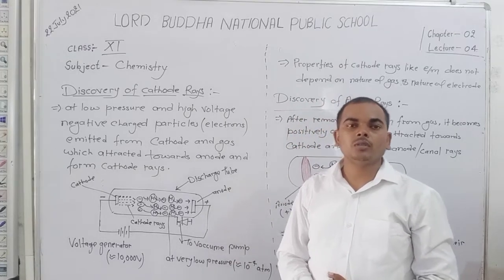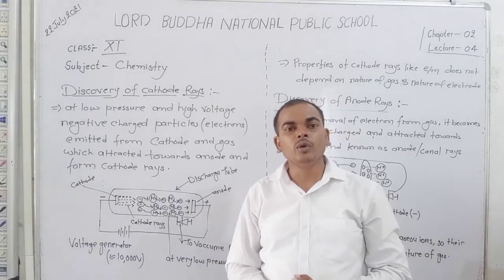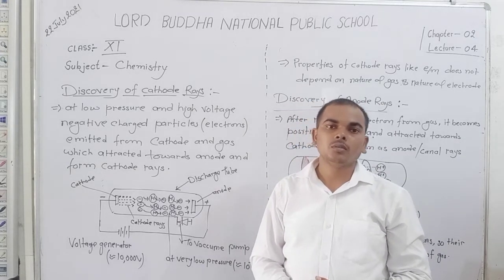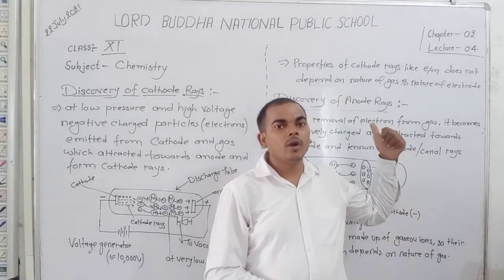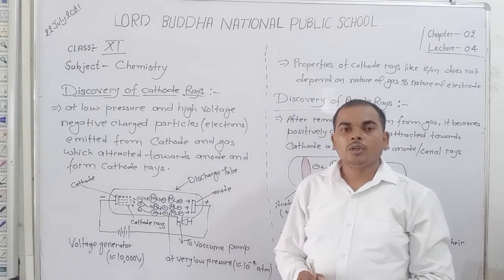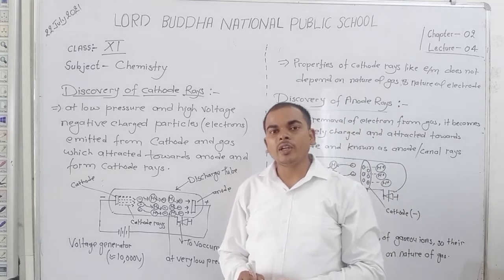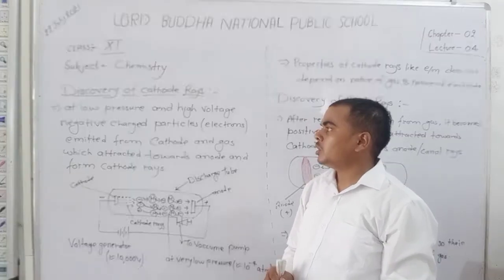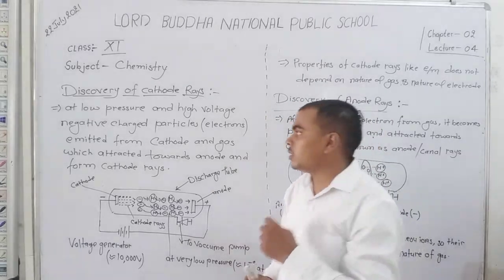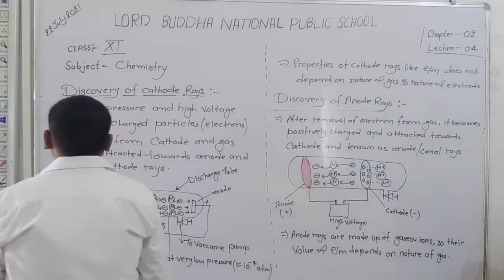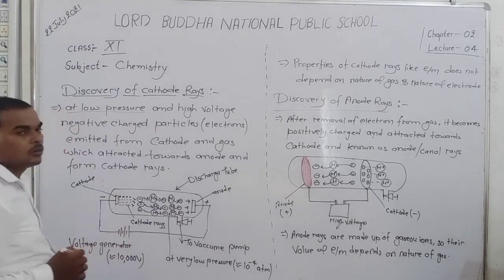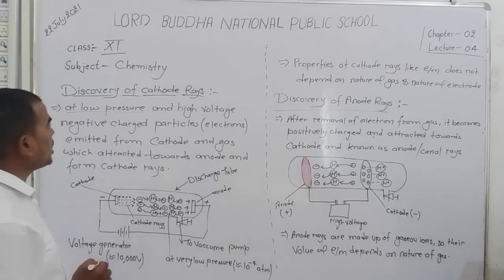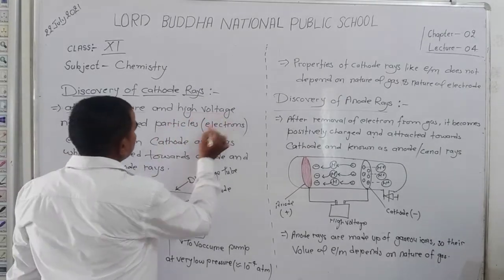Dear student, in the chapter Atomic Structure, today we will discuss the discovery of cathode rays and the discovery of anode rays. The discovery of cathode rays is done at low pressure and high voltage.